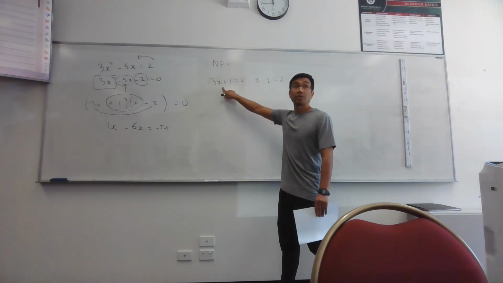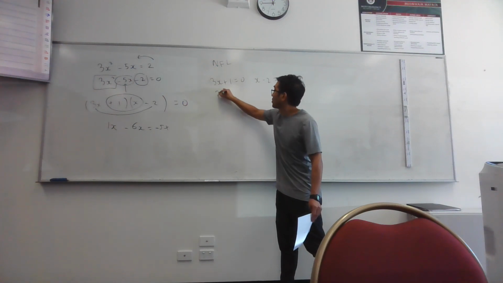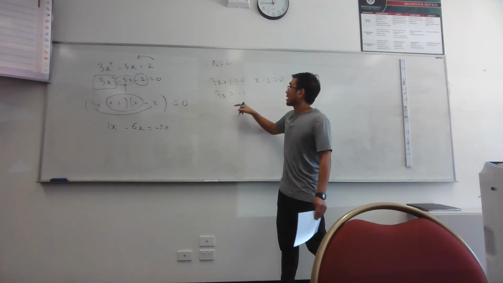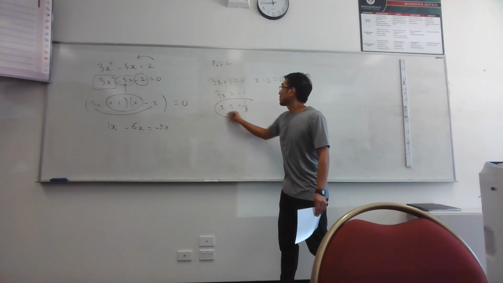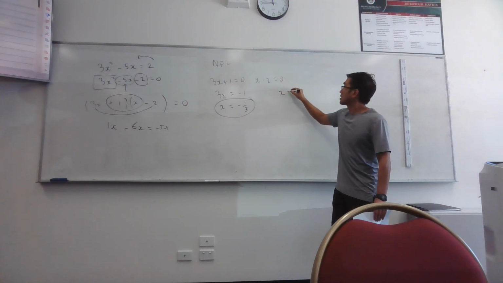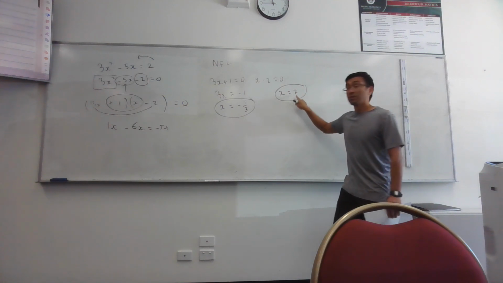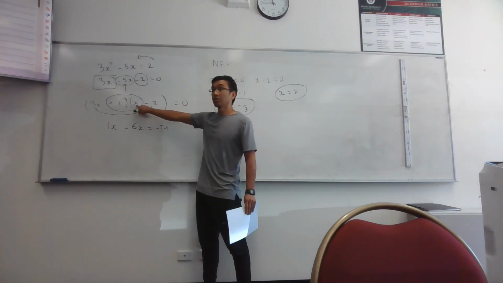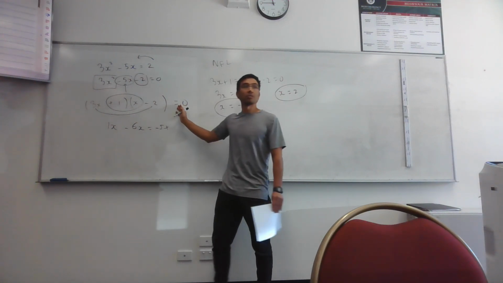How do I solve for x from here? What do I do first? Minus 1, and we divide by 3. Over here, we plus 2. Guess what? If x equals 2, if I put 2 in here, 2 take away 2 is 0. That makes the whole thing go to 0.